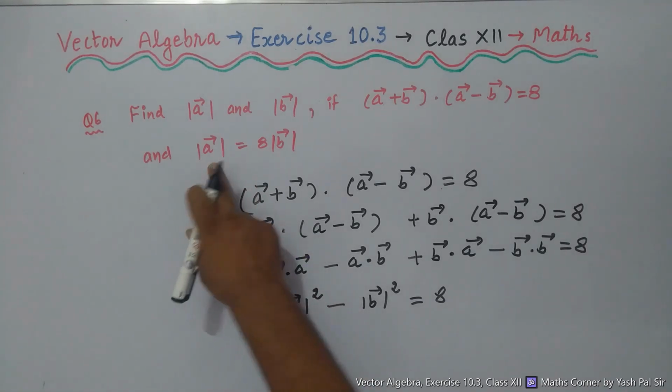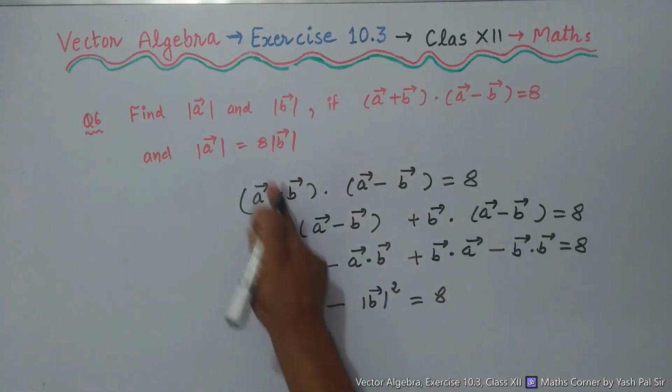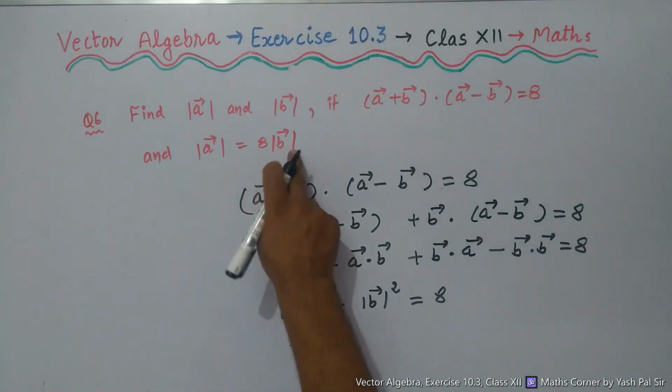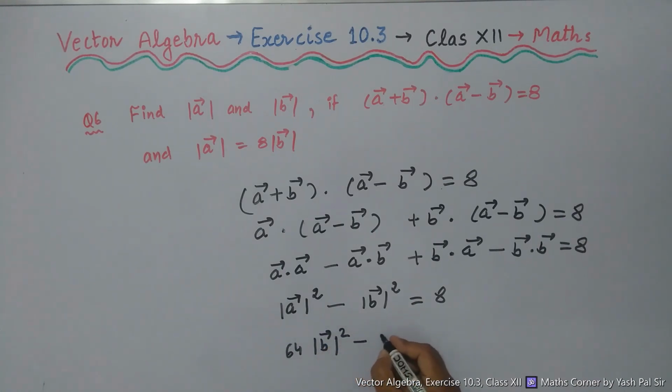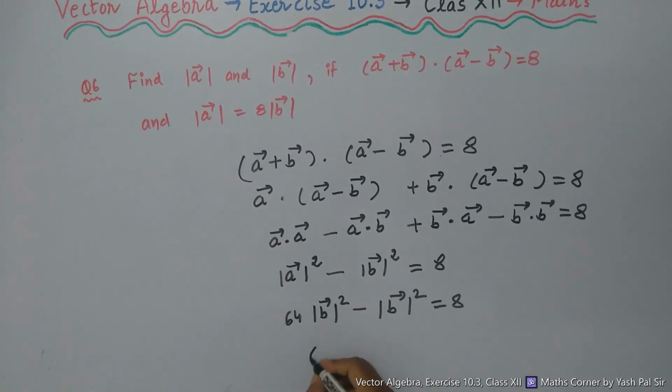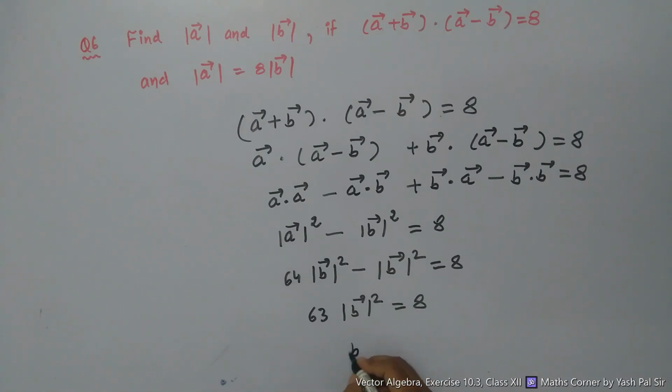Now we put the value of magnitude of A. So this is 8 magnitude of B. So square becomes 64 magnitude of B whole square minus magnitude of vector B whole square is equal to 8. So this means 63 magnitude of vector B whole square is equal to 8. So magnitude of B whole square is equal to 8 upon 63.